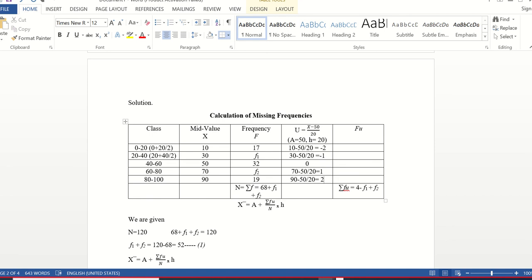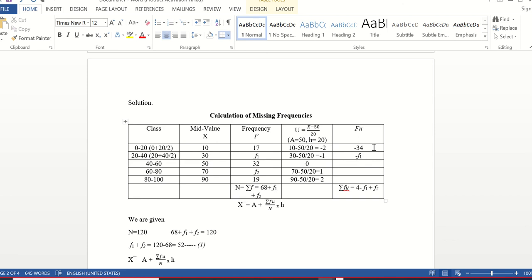So we have calculated U here. Now we will calculate FU. For FU, we multiply the frequency by U. So 17 times minus 2 is minus 34. F1 into minus 1 is minus F1.